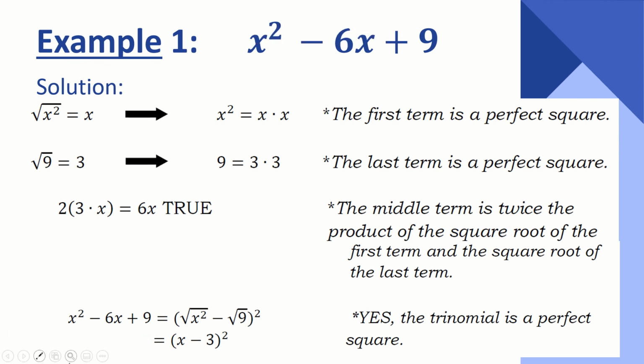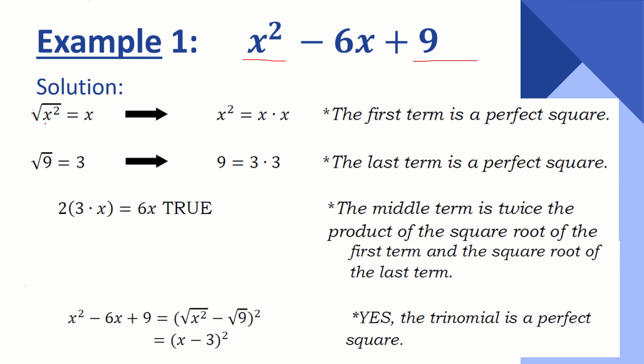So, we have here the example x squared minus 6x plus 9. Now, paano tayo makakasabi na yung given natin is in the form of perfect square trinomial? So, we have here our first term and our last term. So, hanapin natin first yung square root nila.